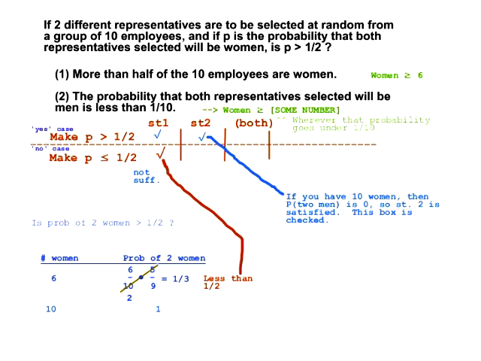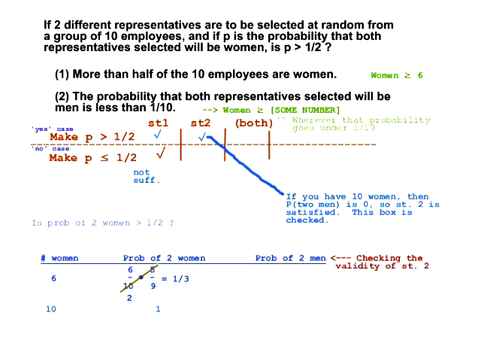So if you have 6 women, let's just extend the chart, right? What we need to do is extend this into the probability of 2 men to check whether statement 2 works, basically. So this is just checking the validity of statement 2, which is what HW is doing there.